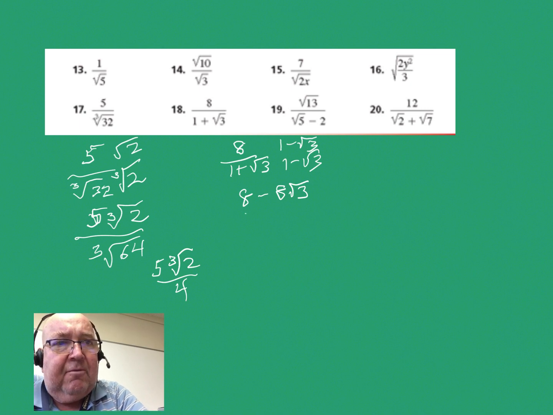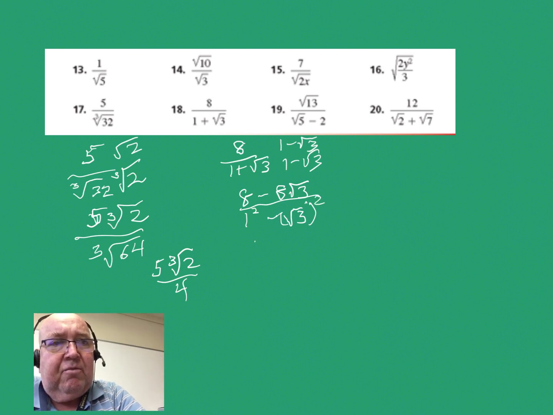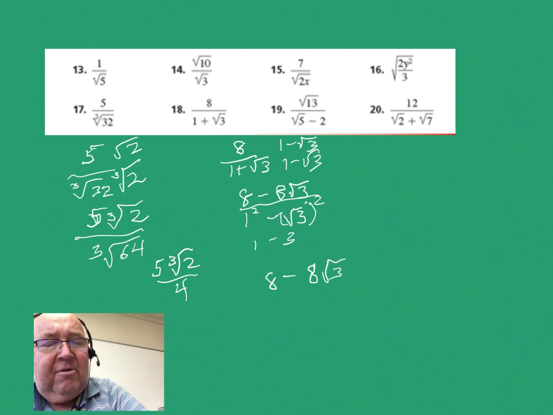And we're going to get 1 squared minus radical 3 squared. So that's going to be 1 minus 3 on the bottom. We're going to get 8 minus 8 radical 3 over negative 2.